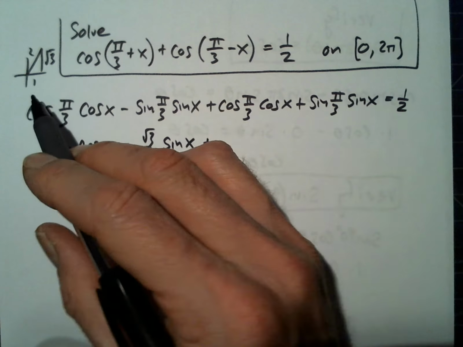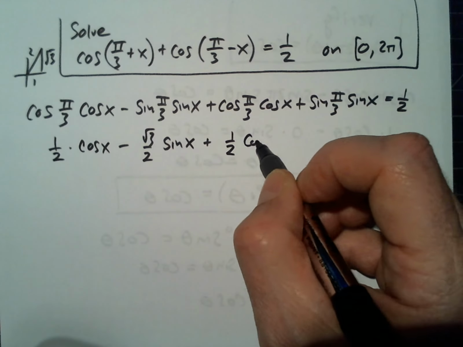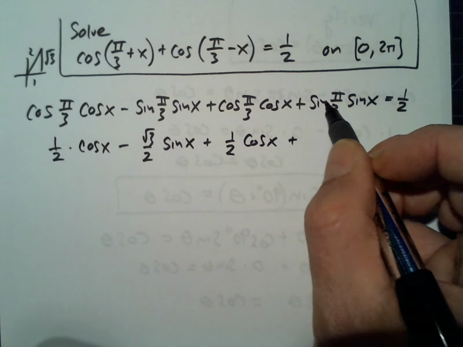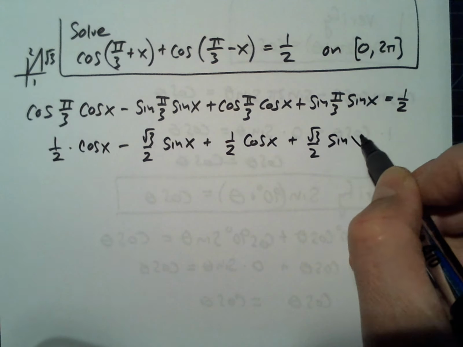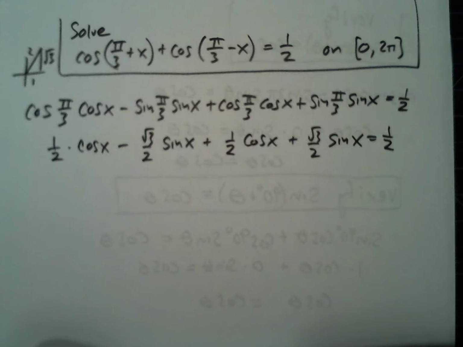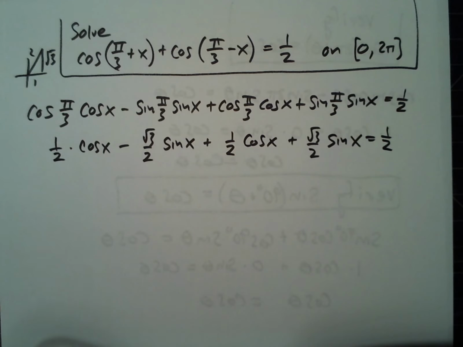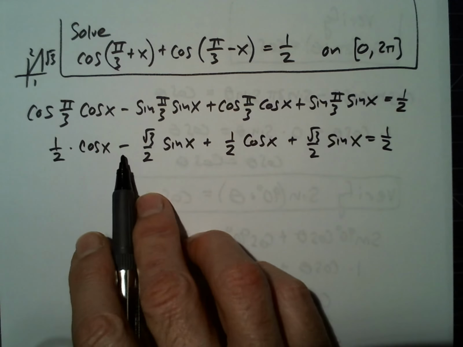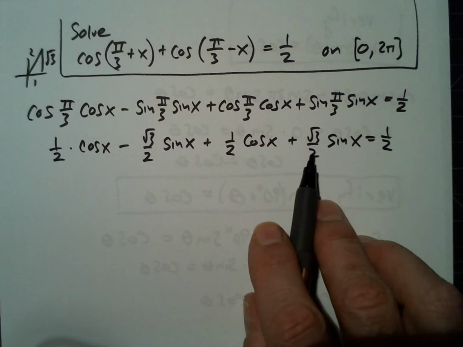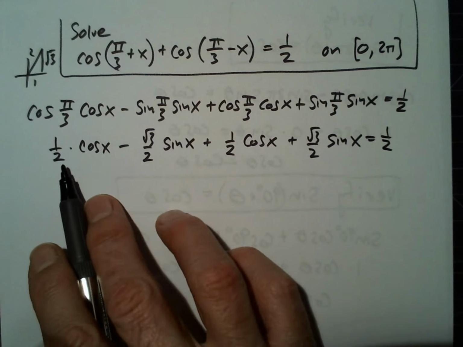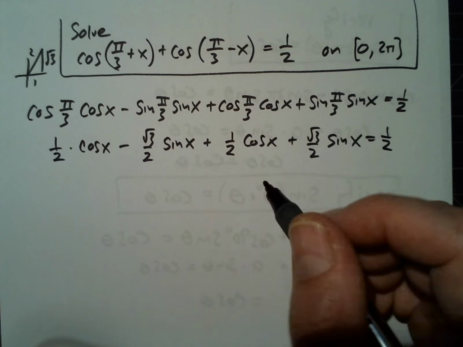Cosine of pi over 3, 1 over 2. Sine of pi over 3, radical 3 over 2. And we have negative radical 3 over 2 and positive radical 3 over 2. Those will equal 0. And 1/2 plus 1/2 is 1.